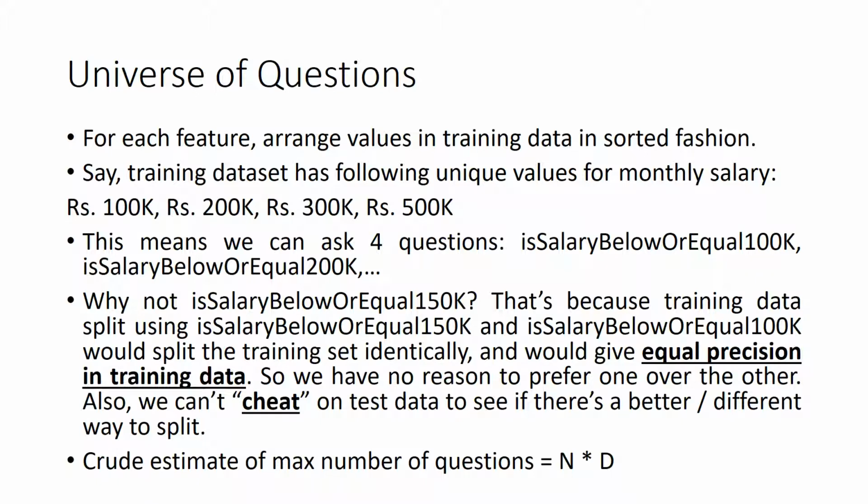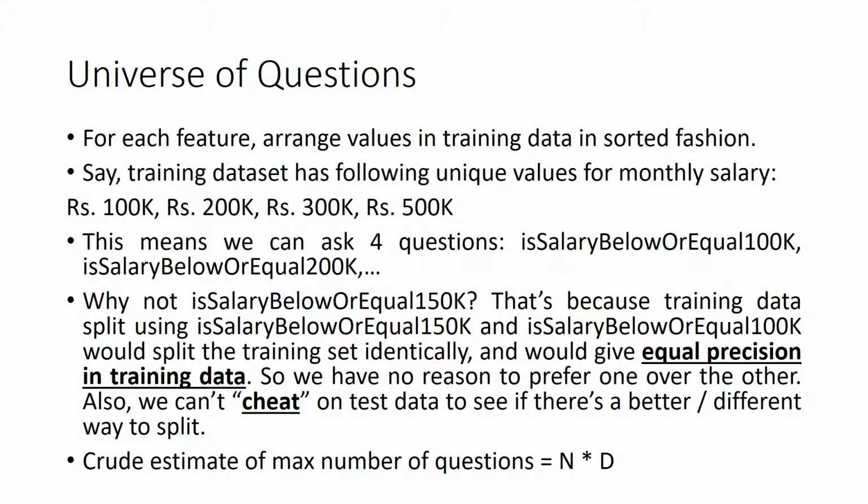So the algorithm of decision tree is now complete. As we have seen, if I have to just summarize, we have seen how we can ask various questions that split the data into smaller data sets. That's number one.